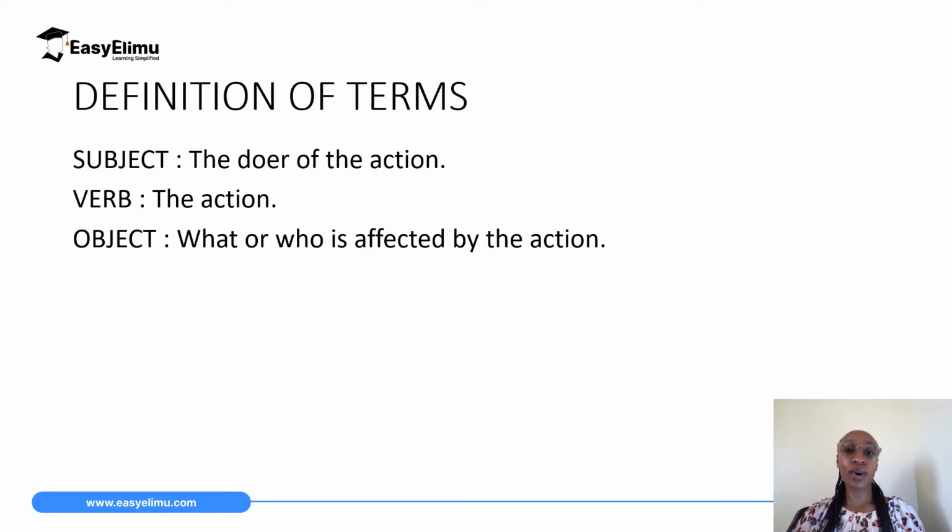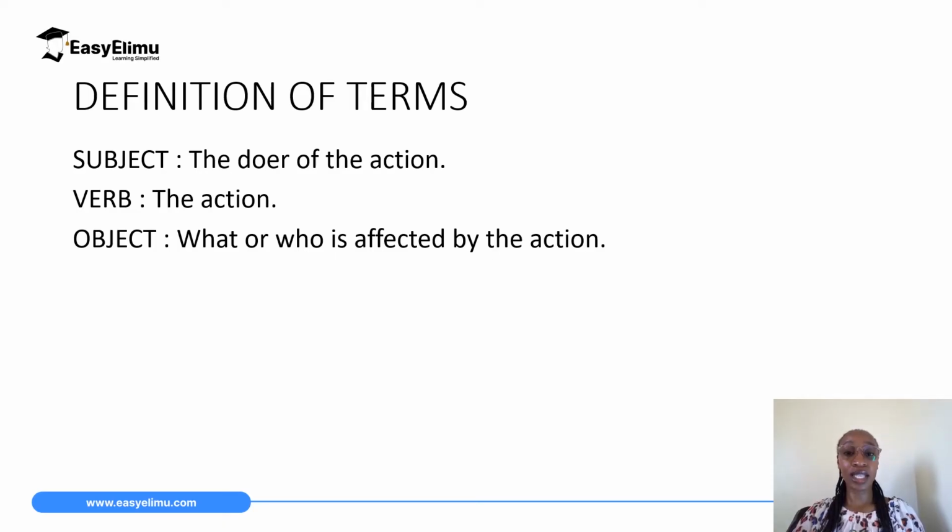When you hear the words subject, verb, object in a sentence, what comes to mind? A subject is the doer of the action. For example, a sentence like, Susan walks to school.